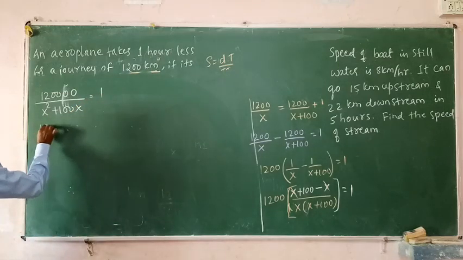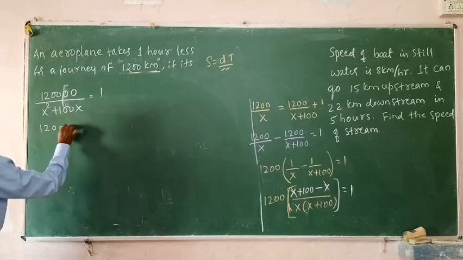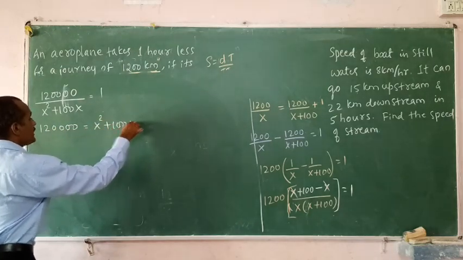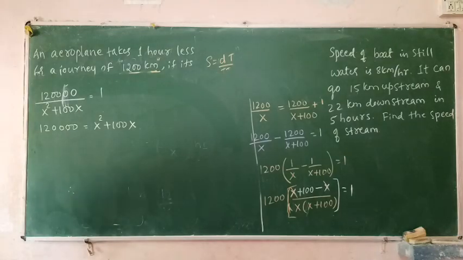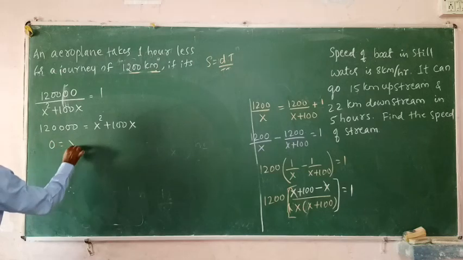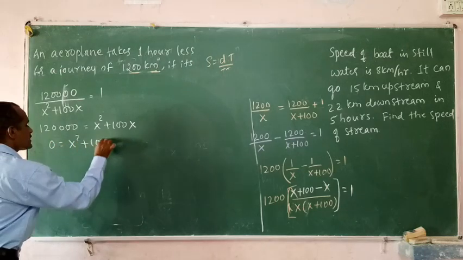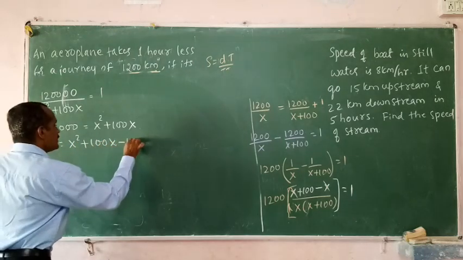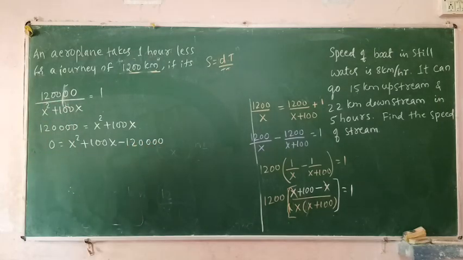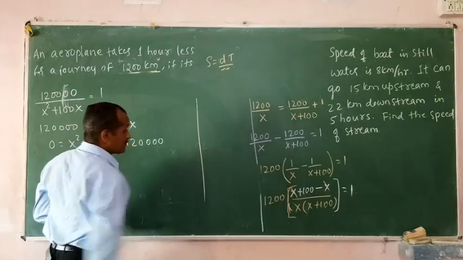It is 1,20,000 is equals to x square plus 100x. Take the 100x to the other side. So it is 0 is equals to x square plus 100x minus 1,20,000.